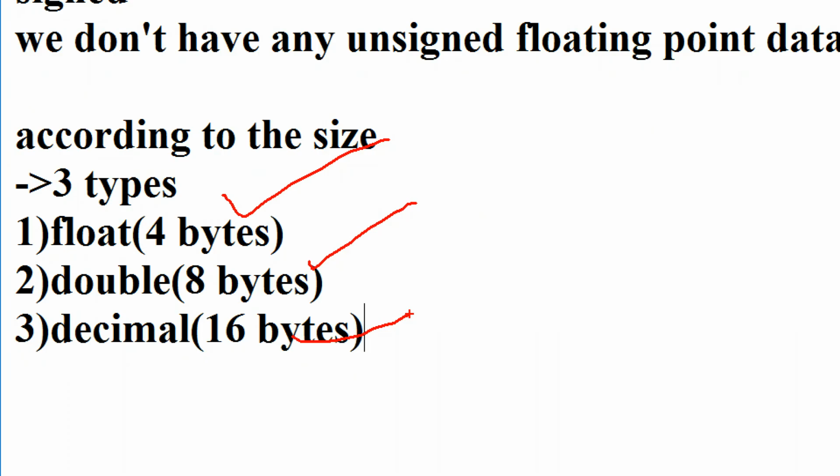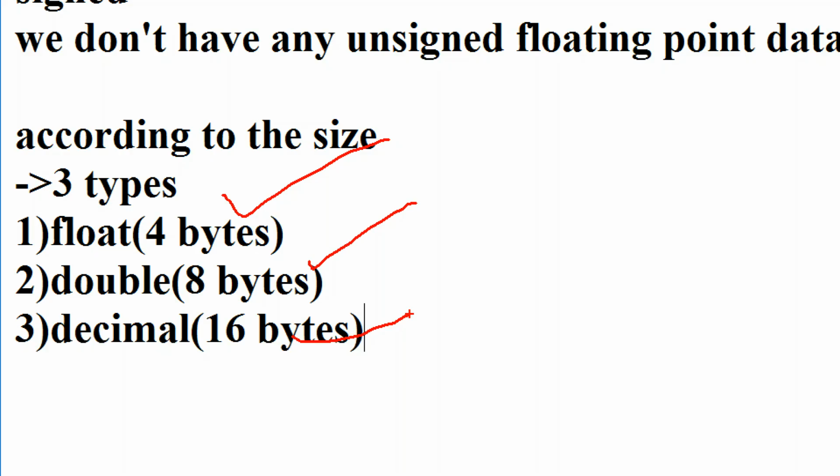Like student marks, M1, M2, M3 subject marks, out of 100 he scored 90, so float is better. And person weight, 60.5, 70.73, 80, 90, float, and person height 5.8, 5.6, 6.2, float.